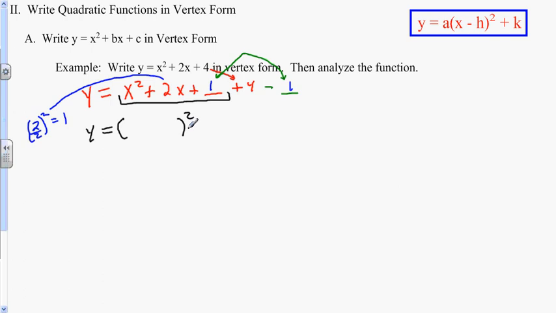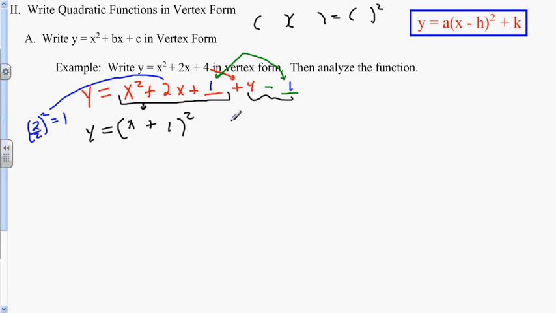Remember, it is completed, so we will have a binomial that is the same for each one, which means we can write it as one binomial squared. So if I were to factor this, I would have x, a plus, and a 1, giving us x plus 1 quantity squared.